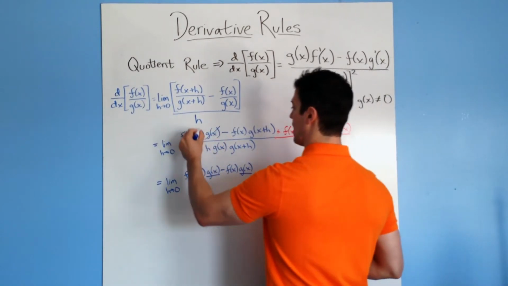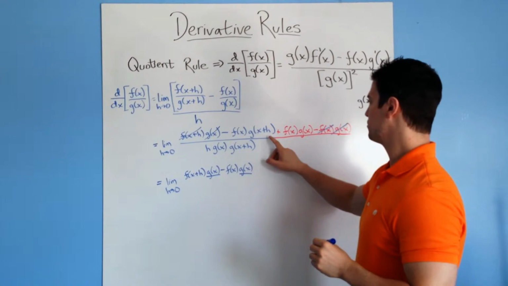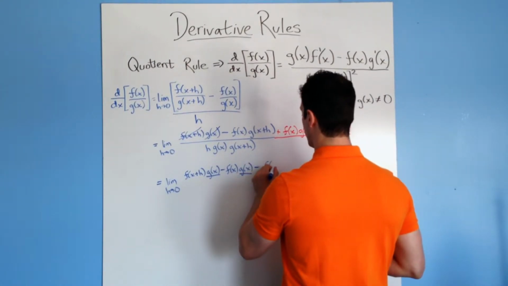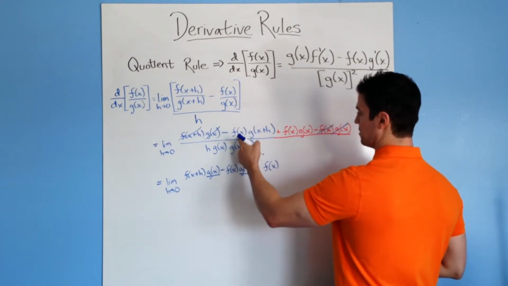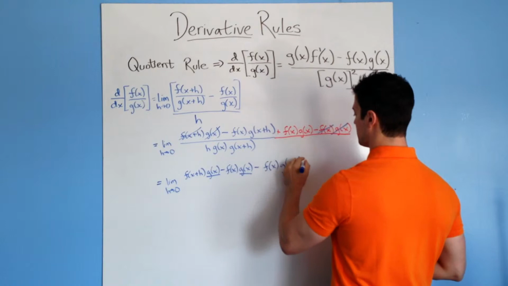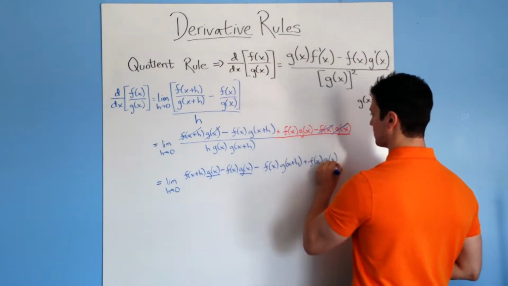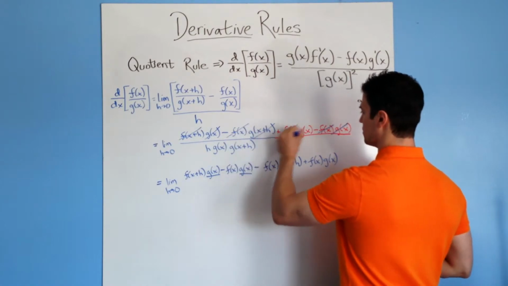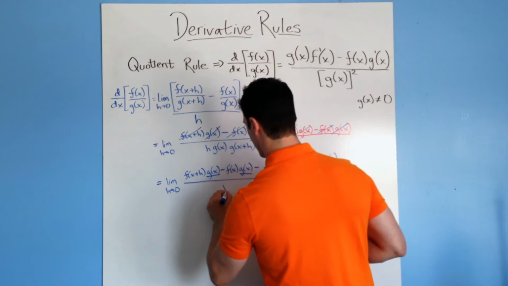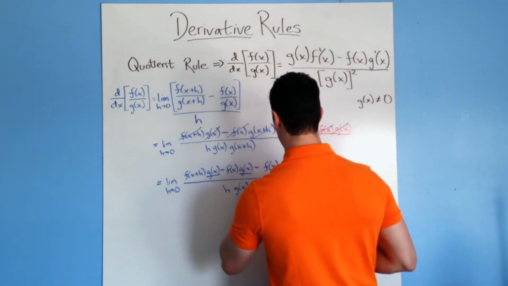So I'm going to put a line through here just so I know that I dealt with those. Next, I'm going to combine the f of x's. So I'm going to do minus f of x g of x plus h plus f of x g of x. So we did those. Then I'm going to still divide it by h g of x g of x plus h.